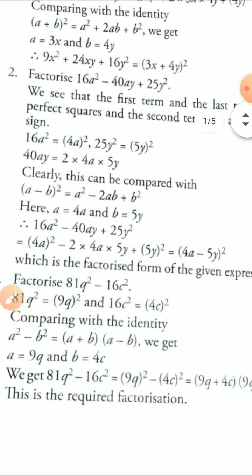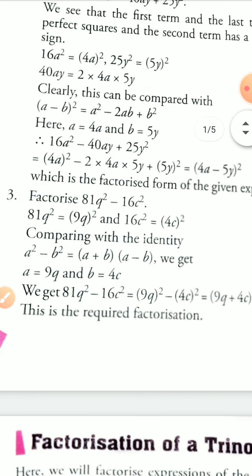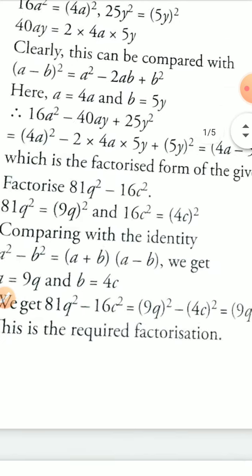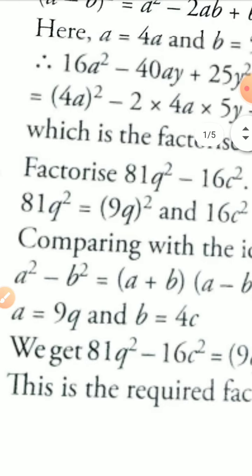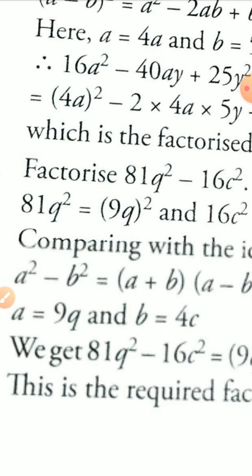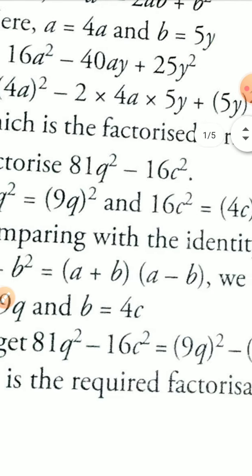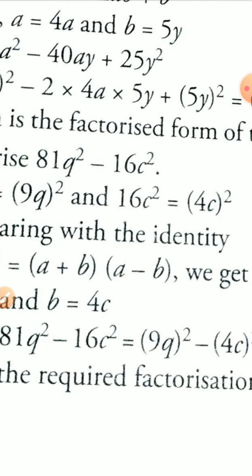So in this way, let us see the next question. We are given that we have to factorize 81q square minus 16c square, right? In the same manner, this 81q square can be written as 9q whole square, and this 16c square can be written as 4c whole square.